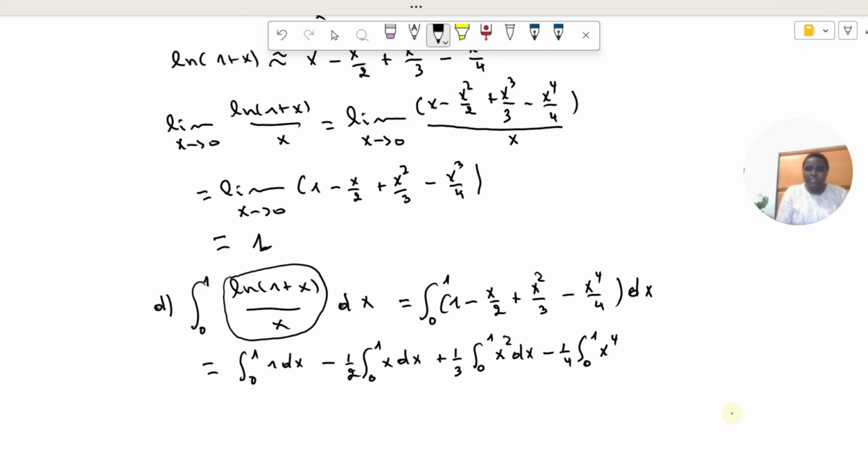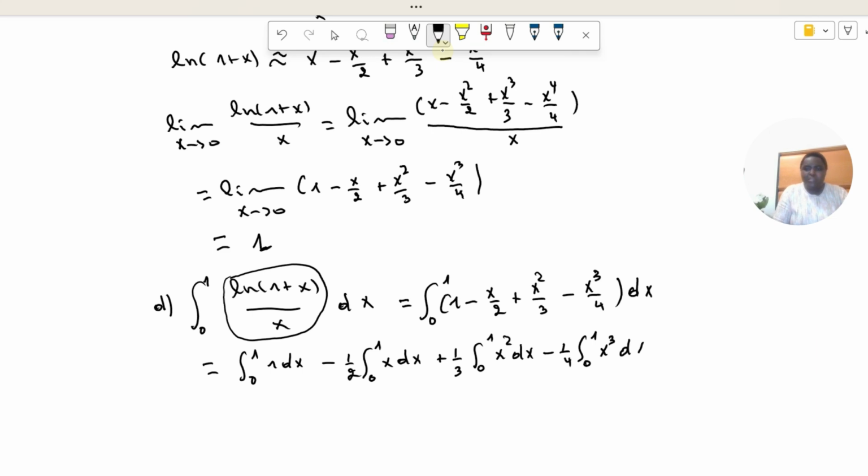Was it power 4 there? This is a mistake. We have power 3 here. So this should be power 3, not power 4. Let me correct it. Yes, this is power 3.